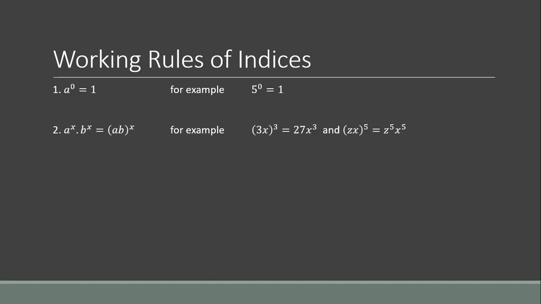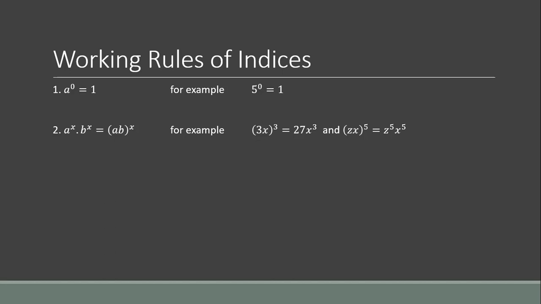a to the power x into b to the power x equals ab whole to the power x. Look at these expressions. We have the same indices for a and b, so we can take the index common.